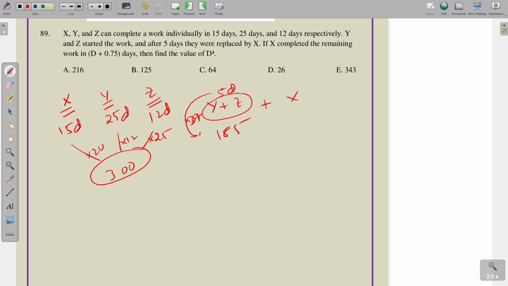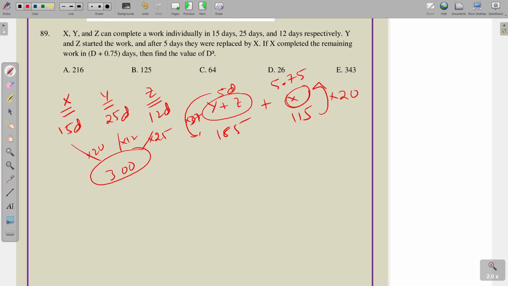After that, they were replaced by X. The remaining work is 115. It is done by X. Per day work of X is 20, so 115 is completed by X in 5.75 days, sorry, 7.5.